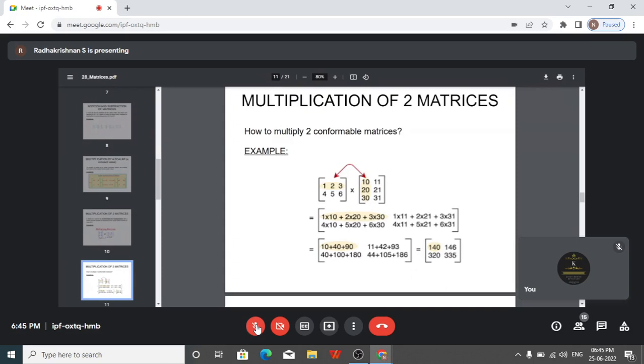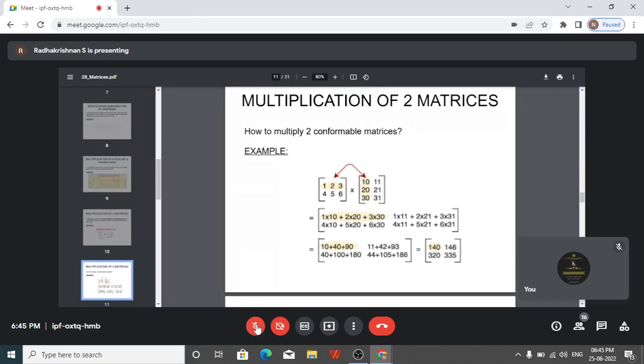இப்போ இந்த ரெண்டு மேட்ரிக்ஸ், first matrix is 1 2 3 and... எல்லாரையும் பார்க்க முடியுது இல்லையா இந்த மேட்ரிக்ஸ் and numbers. And second matrix is having 3 rows and 2 columns.